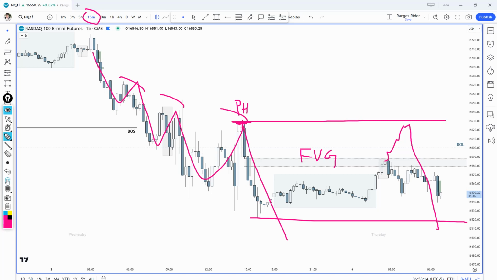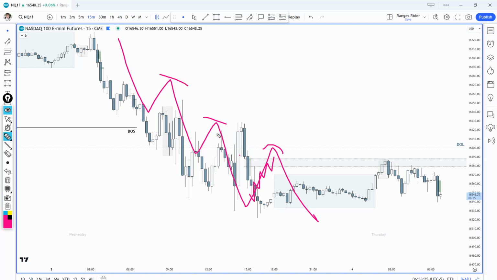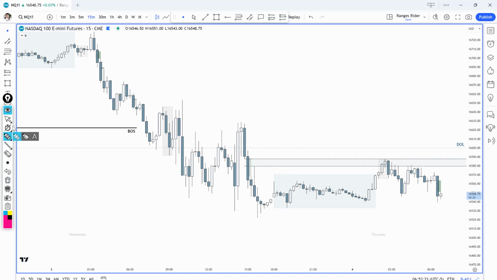If you notice, I'm not looking for any kind of T1, T2 here. I'm just looking for this, and I'm looking for the pullback and sell somewhere here below this protected high. That's it. And here I will find the T1, T2, whatever.